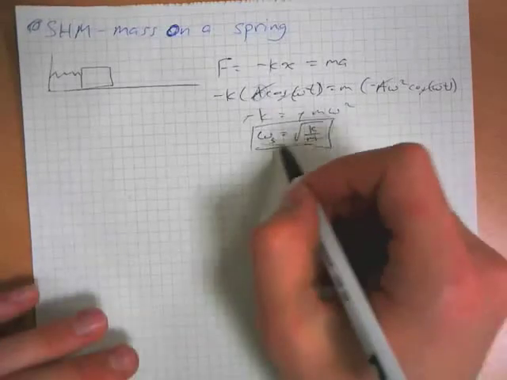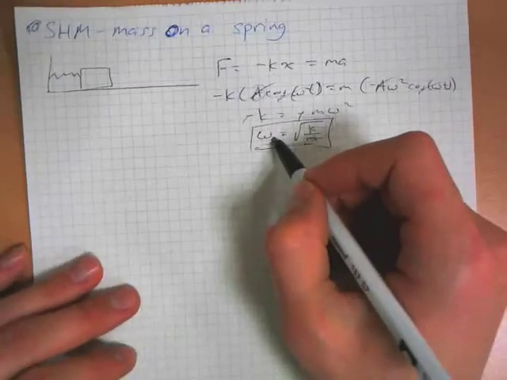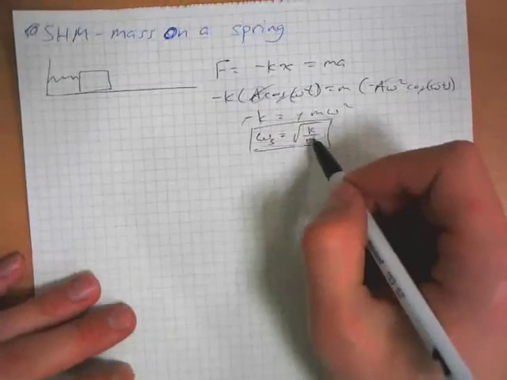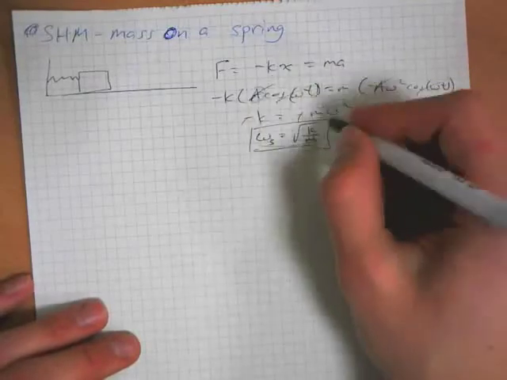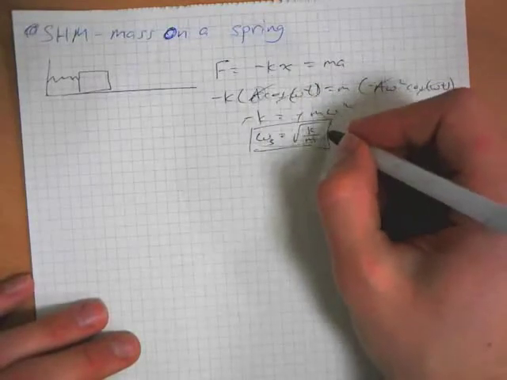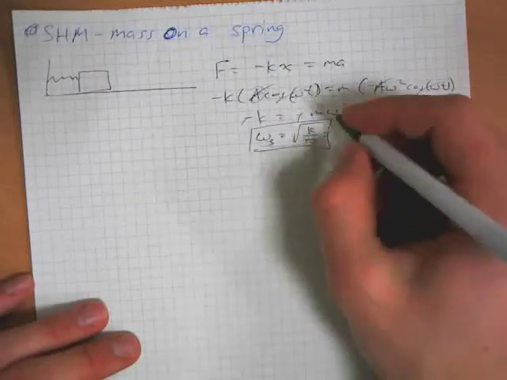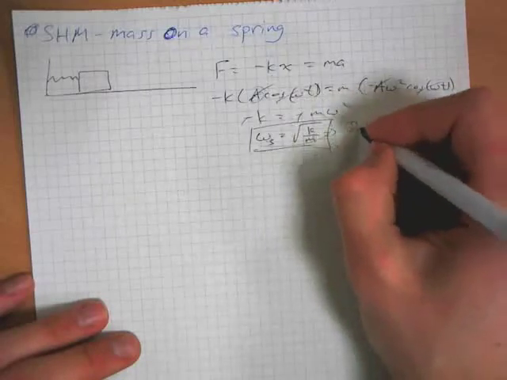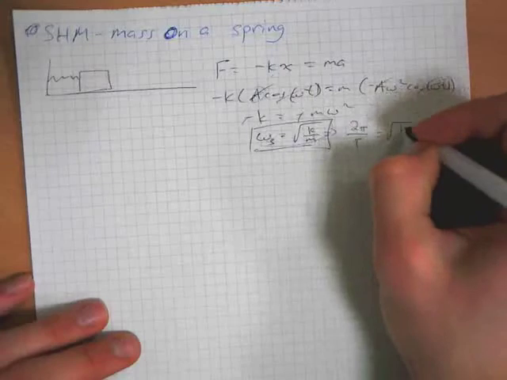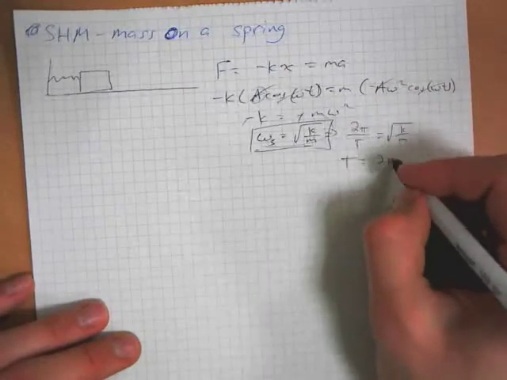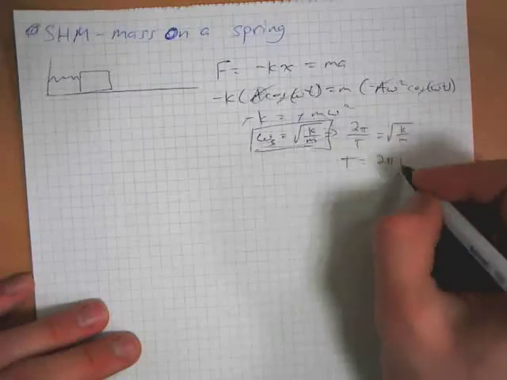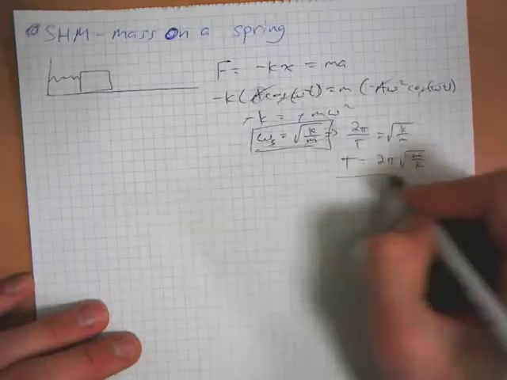This also gives us a means of determining spring constants based on measuring the properties of an oscillatory motion. Remember, omega is 2 pi over period. So our period then would be 2 pi over root k over m, which would be 2 pi root m over k.